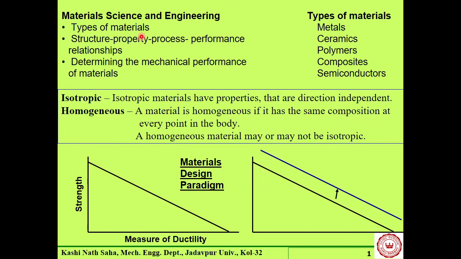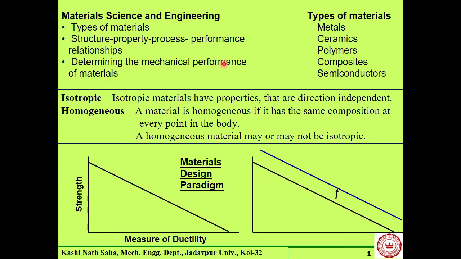Next part is the process, structure, property. This process is basically the process through which the material has undergone. That means a particular steel you can anneal, you can quench it.